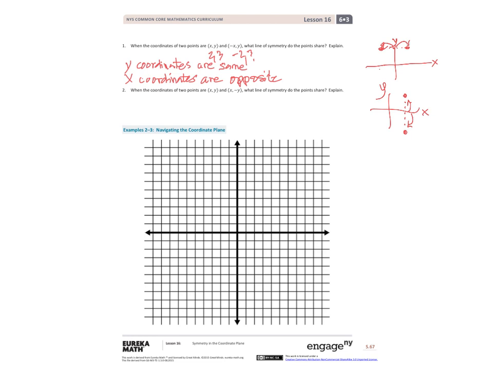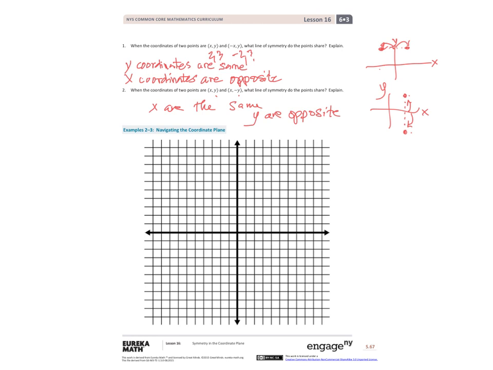One is up from the x-axis, one is below the x-axis. The x coordinates are the same, y are opposite but equidistant. So they are equidistant from the x-axis. They just happen to be, one up and one below.